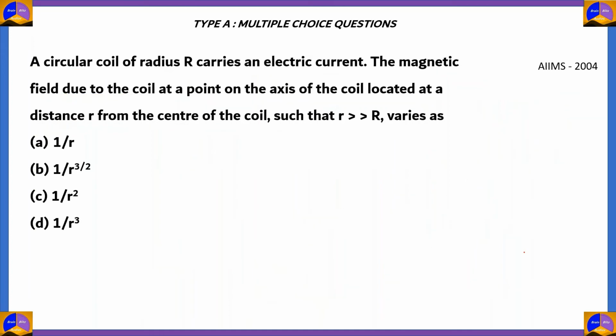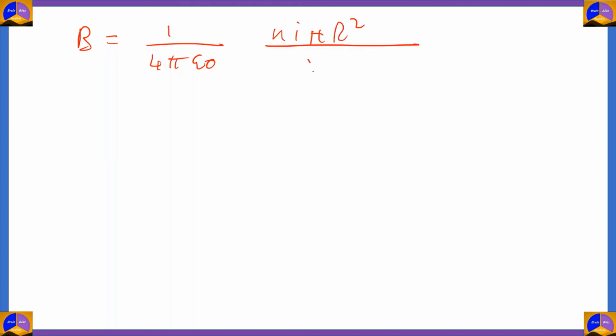So the formula B will now turn out to be B is equal to 1 by 4 pi epsilon naught Ni pi capital R square divided by only small r square in the denominator times 3 by 2. 2 and 2 get canceled. So the magnetic field B is proportional to 1 by r cubed.